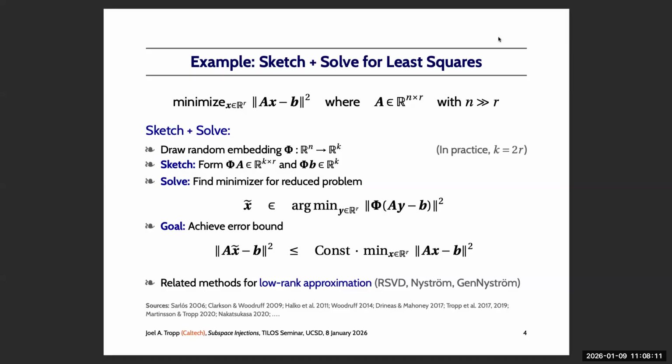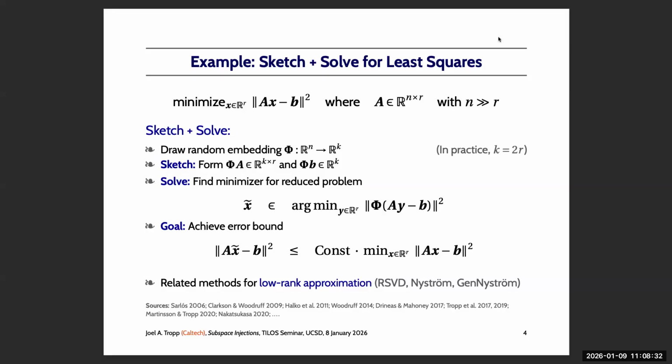And the goal of all of this is to achieve an error bound for the solution to the compressed problem. So we want the residual for the solution to the sketched problem to be comparable with the residual for the original problem, which says that we've almost solved the problem. Okay? And this can be effective when the residual here is extremely small.